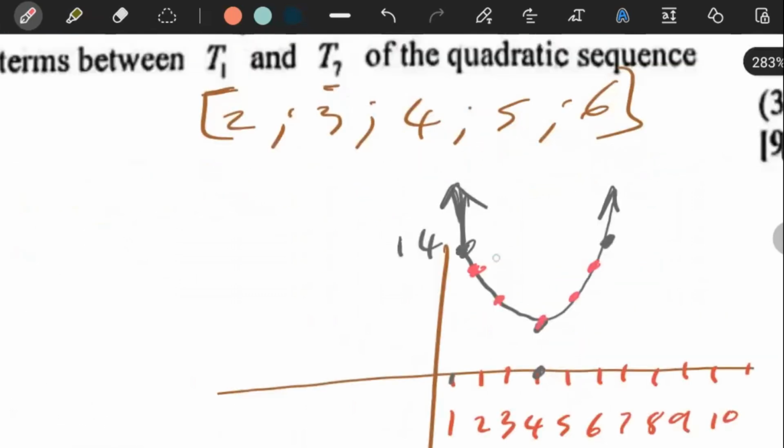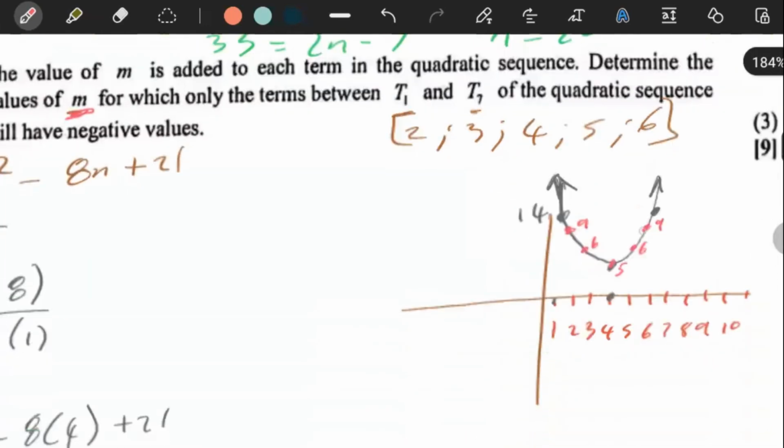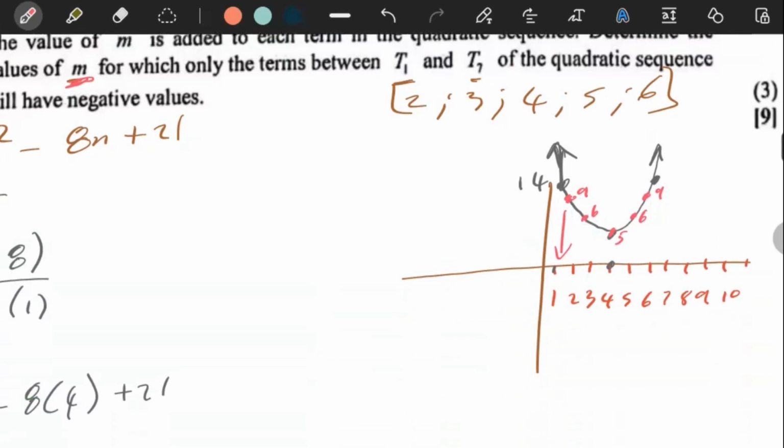So the first thing we want to recognize is that this is a y value of 9, a y value of 6, y value of 5, 6 again, and then 9. So logically, for these numbers to be negative, you have to consider a scenario where they are moved down at least 9 units, you see, because a minimum of 9 units will make all of them negative.